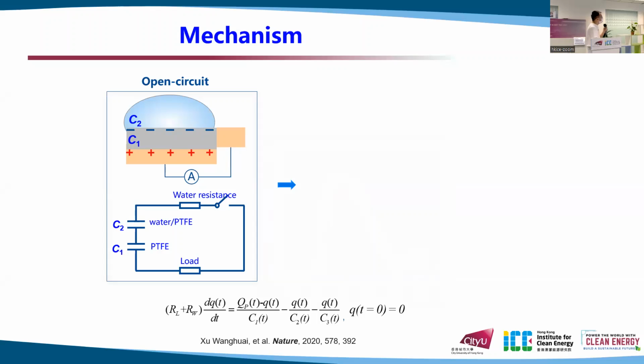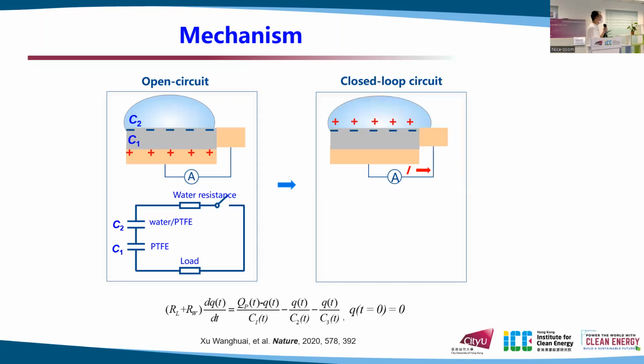However, before the droplet contacts the drain electrode, these two capacitors are in an open circuit state. There is no charge transfer in the circuit. When the droplet contacts the drain electrode, another capacitor C3 is formed at the water and electrode interface.